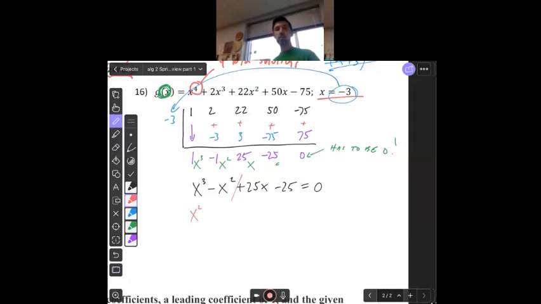Okay. So x squared times what? X minus 1. X minus 1. And what's common in the second 2? So x squared times what is x cubed? Is x, right? X squared times what is negative x squared? Negative 1.